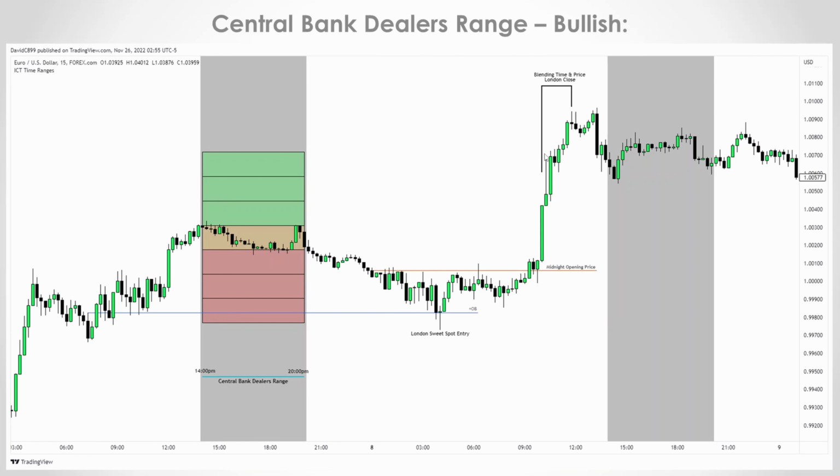And we can see that this candle here is during the London close time period and in the third standard deviation for profit taking. So I would take profit on this candle and close my trade here.